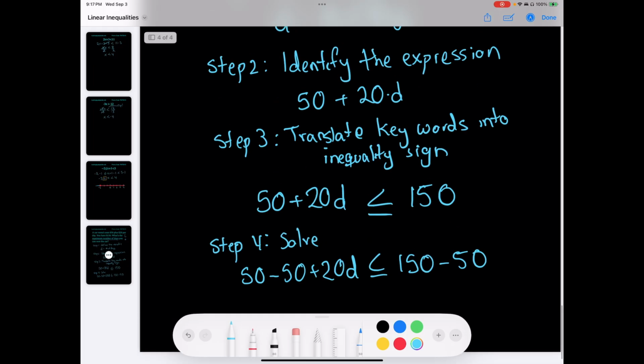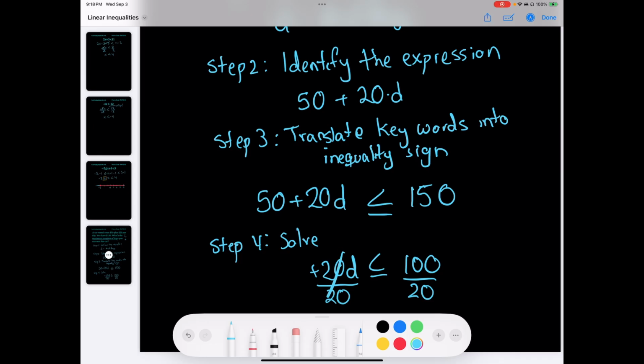The 50s cancel out. So let me just erase those. And then 150 minus 50 gives me 100. Now we'll get rid of the 20. So it's multiplying, so we're going to divide by 20 on both sides. Now, since the 20 is positive, we don't have to flip the less than or equal to sign.